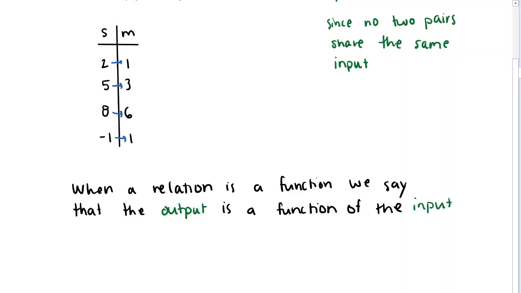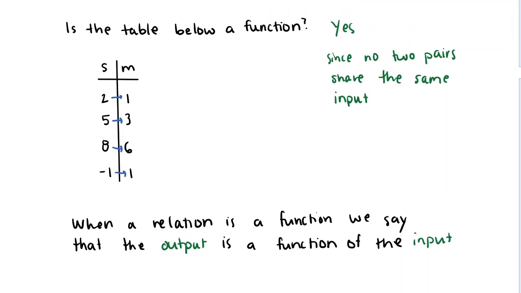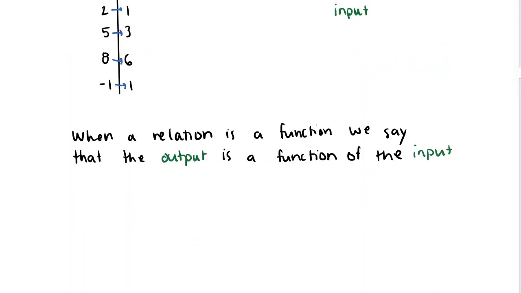And so in this example, we usually again think of that right column as describing our output coordinates, and this left column is describing our input coordinates. In this example, we could say that m is a function of s. All right, so in this case, m is a function of s.